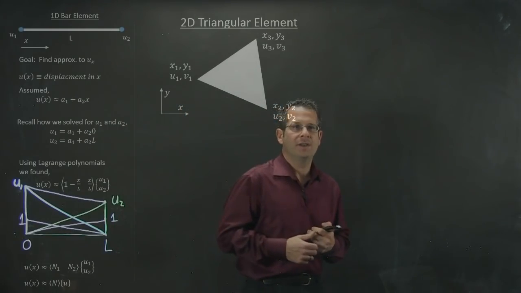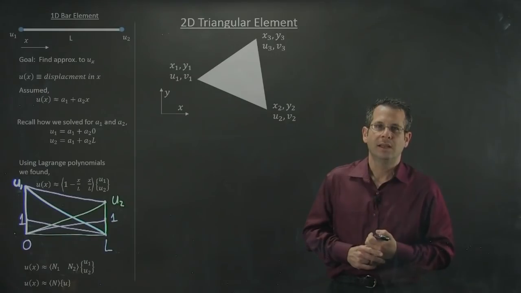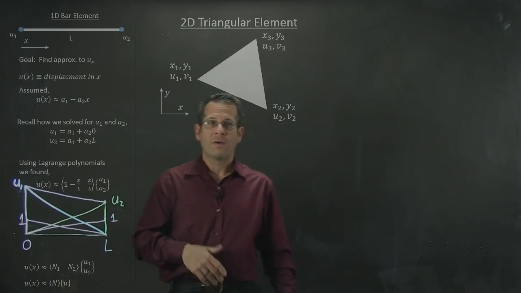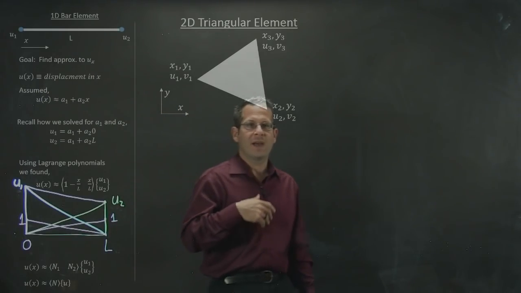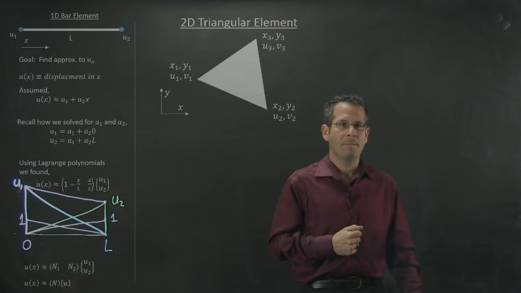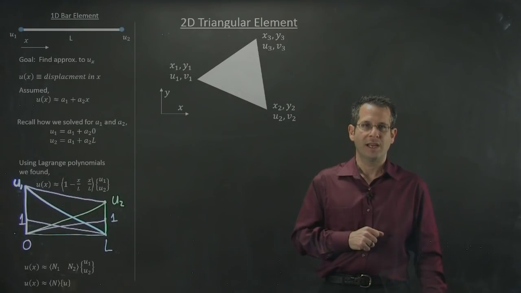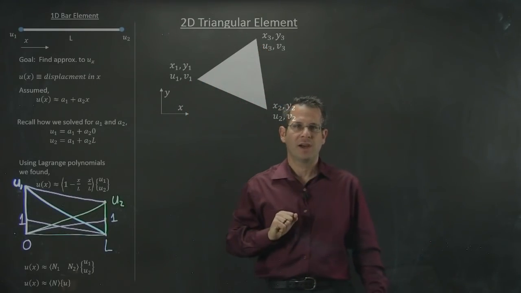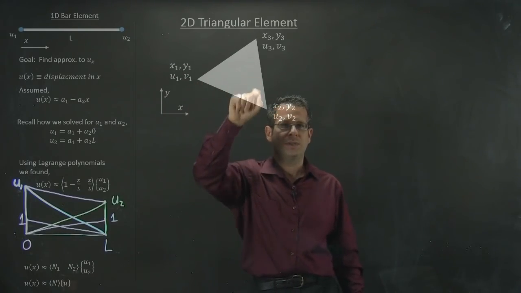Here, I've drawn a two-dimensional triangular element. It exists in xy space. From my problem statement or from my own decisions of how I'm going to define my grid, I would know the locations of each vertex of my triangle, which is where I will put nodes.